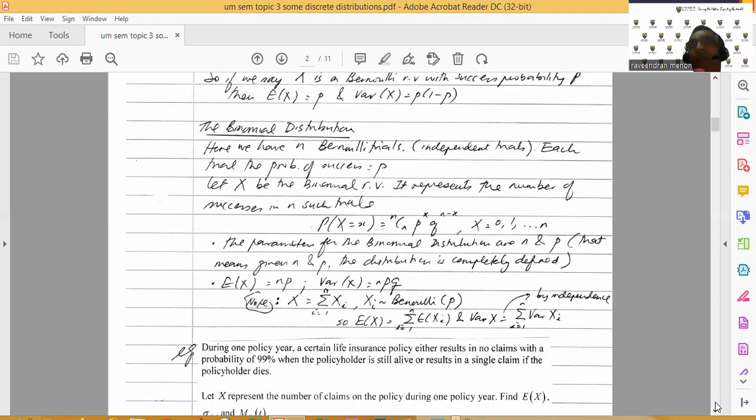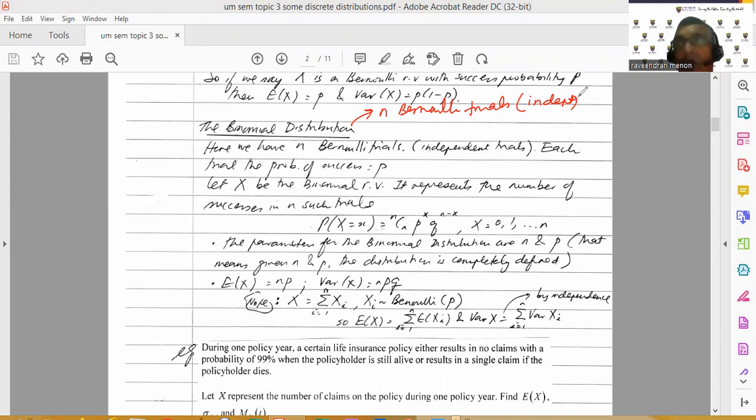Okay, enough about that. But in the binomial distribution, we have got N Bernoulli trials, but they're independent trials.